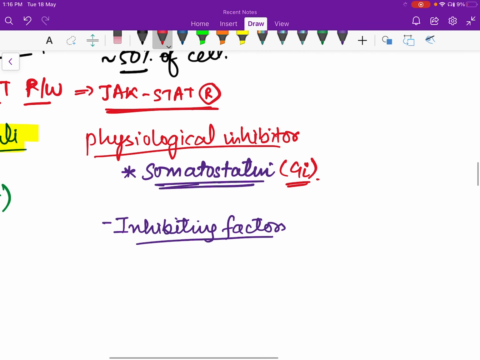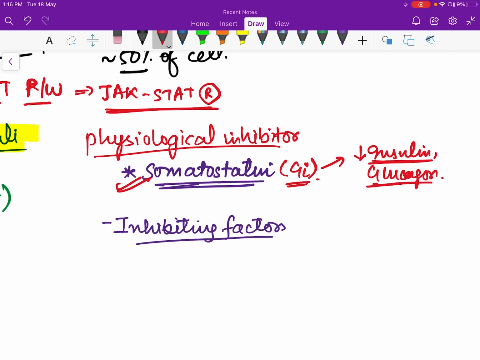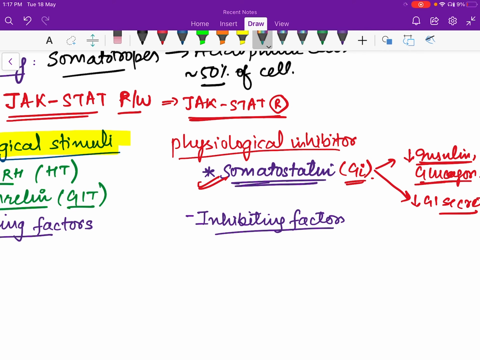They also decrease the production of insulin and glucagon, because somatostatin is also produced by delta cells in the pancreas, so it decreases the secretion of insulin and glucagon from beta and alpha cells, and it also decreases GI secretions, other than decreasing the production of growth hormone. These are the physiological inhibitors.